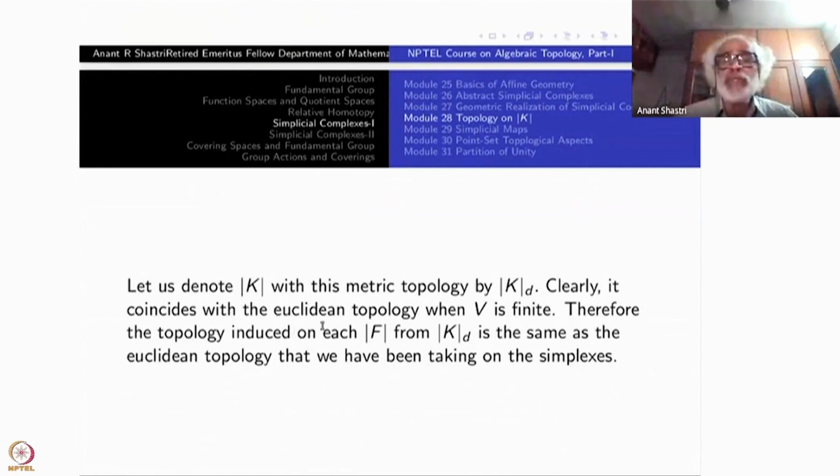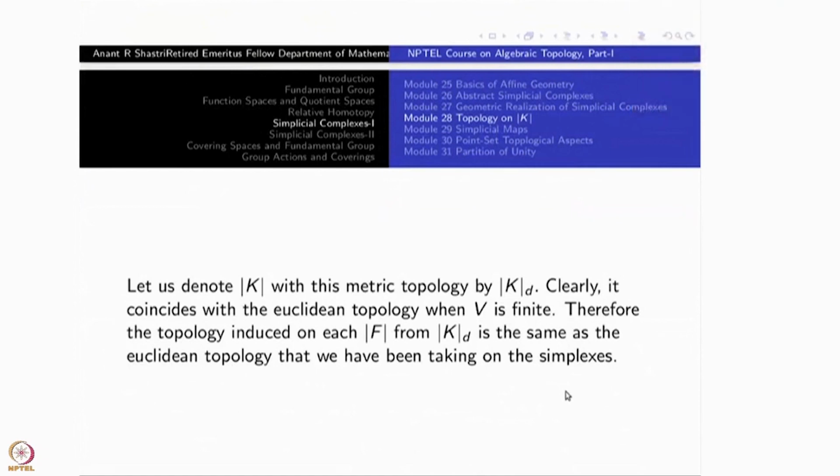Clearly, it coincides with the Euclidean topology when V is finite. Therefore, the topology induced on each mod F from mod K_d is the same as the Euclidean topology that we have been taking, namely of the simplexes and so on. That's what we have done so far. For each mod F, the topology that we have defined using a homeomorphism of this one with a standard simplex is the same as the subspace topology from K_d.